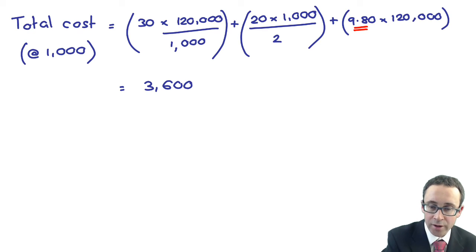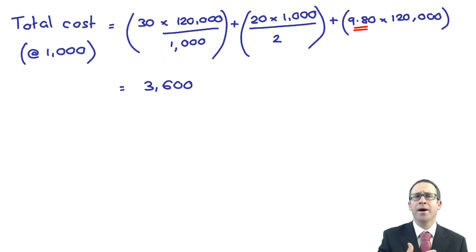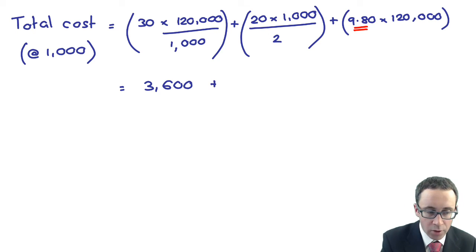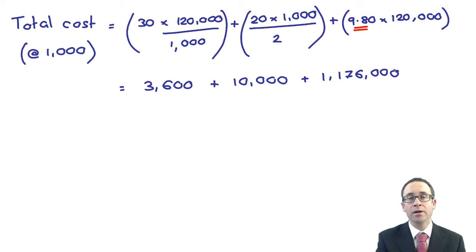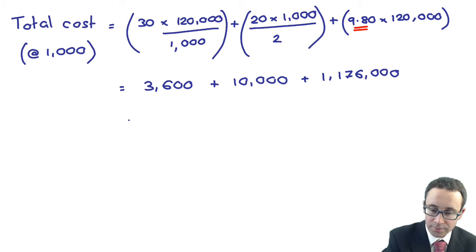So you would expect your ordering cost to fall, wouldn't you? Because by buying more goods per order, you're going to have fewer orders to make. However, your holding costs go up to 10,000, but your purchase cost decreases to 1,176,000.